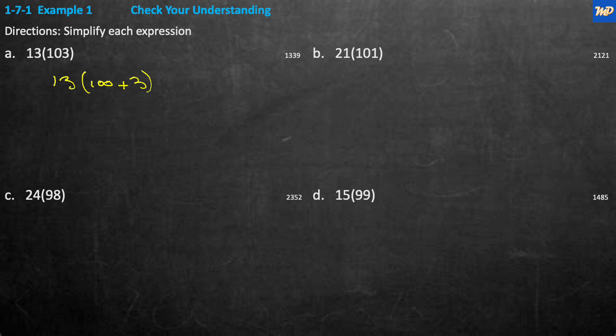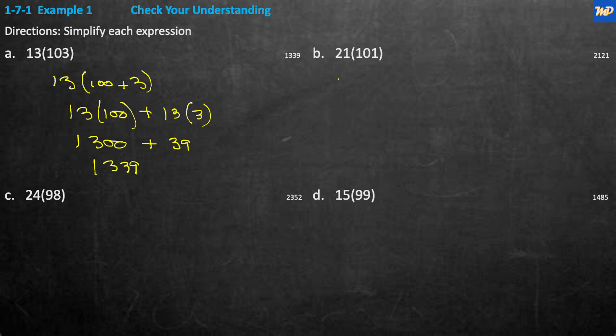And if you do that, then it's 13 times 100 plus 13 times 3. Take it a step further: 1300 plus 3 times 13 is 39. So the answer here is 1339.